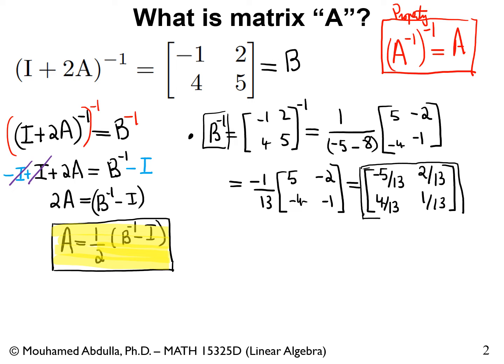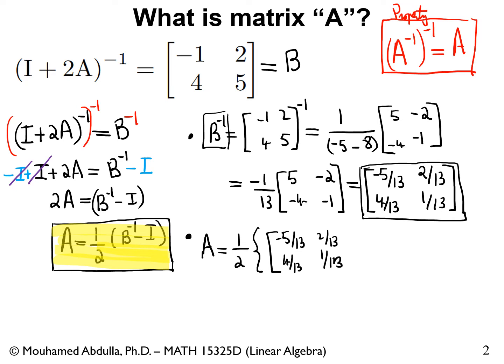So the next step would be to essentially take this B inverse. So we could, in fact, just go ahead and try to solve it for the A matrix. The A matrix is equal to 1 over 2. We take the B inverse matrix, which is this, minus 5 over 13, 2 over 13, 4 over 13, 1 over 13, and we subtract it by the identity.